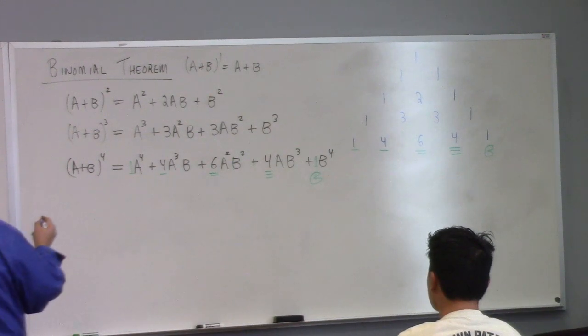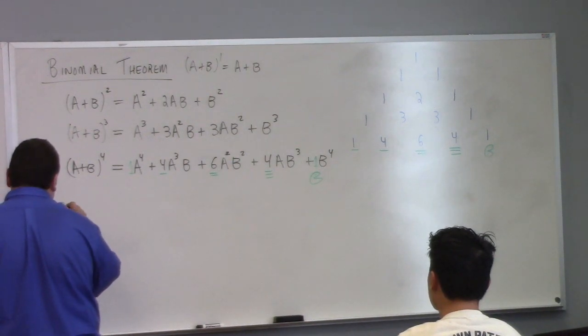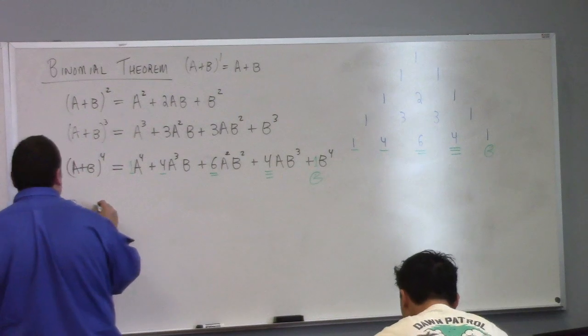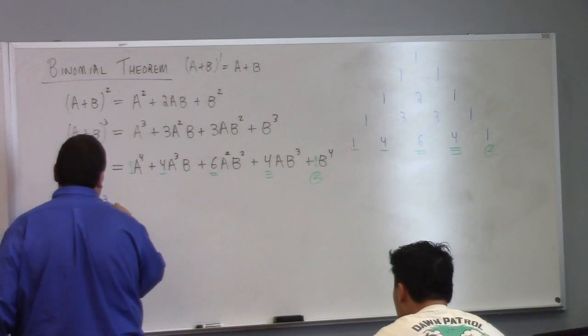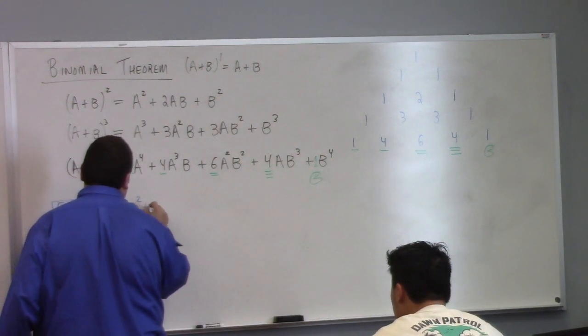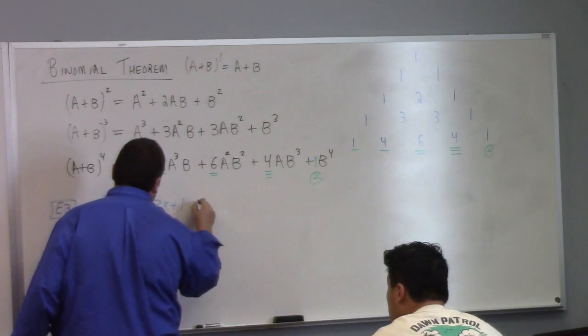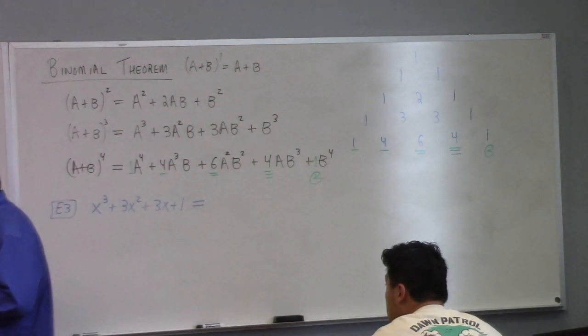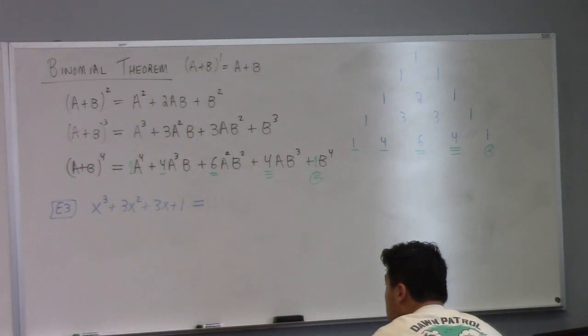So, example 3, if I have x cubed plus 3x squared plus 3x plus 1, and I'm asked to factor that, what should I do? Now, I will admit, to me, this is a challenging factoring question if I come across it in the wild.